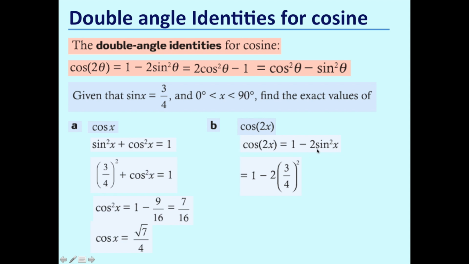So that's going to be 1 minus 2 times sine x squared, which is going to give us 1 minus 9 over 8. And we can therefore see that cos 2x is going to equal negative 1 over 8.